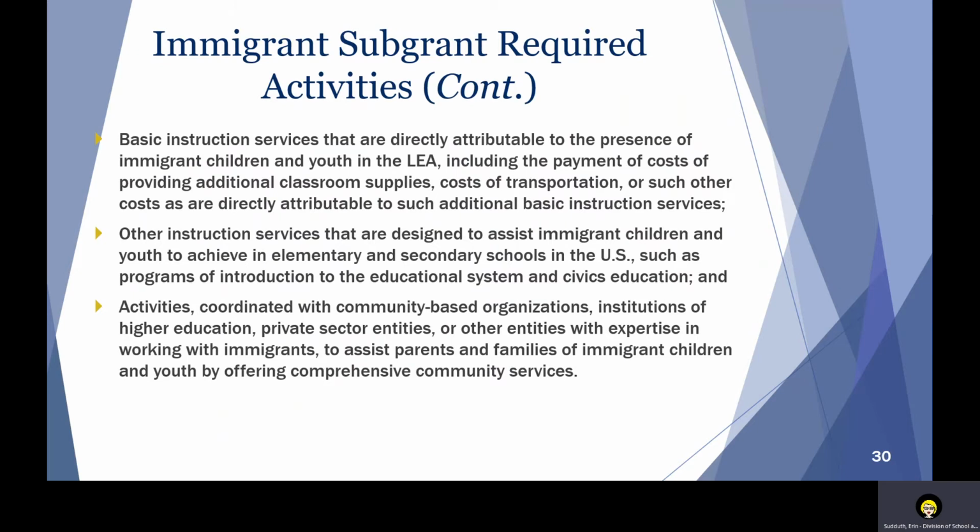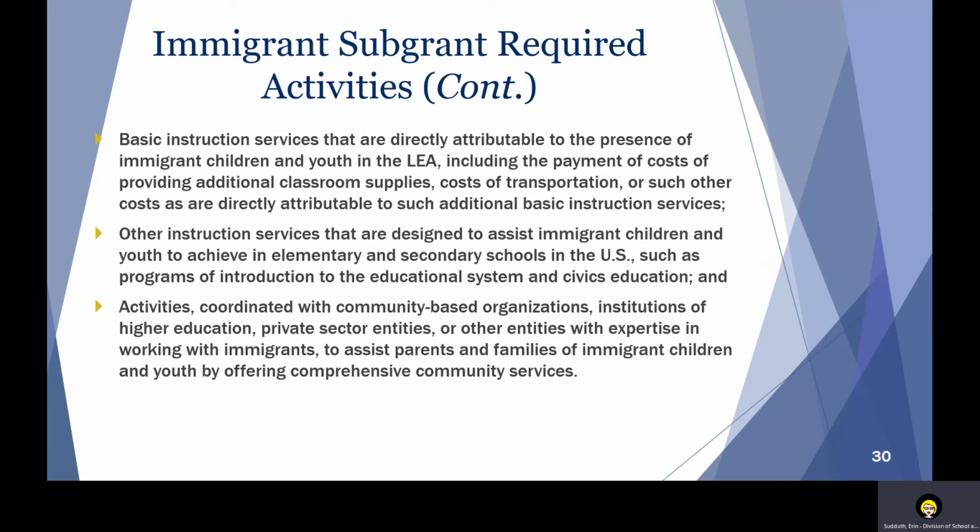Additional subgrant required activities. Basic instruction services that are directly attributable to the presence of immigrant children and youth in the LEA, including the payment of costs of providing additional classroom supplies, costs of transportation, or such other costs as are directly attributable to such additional basic instruction services.